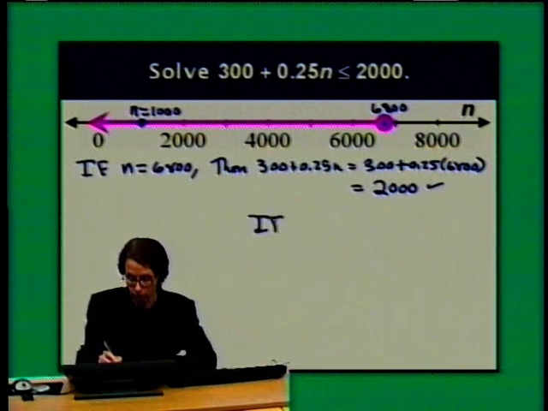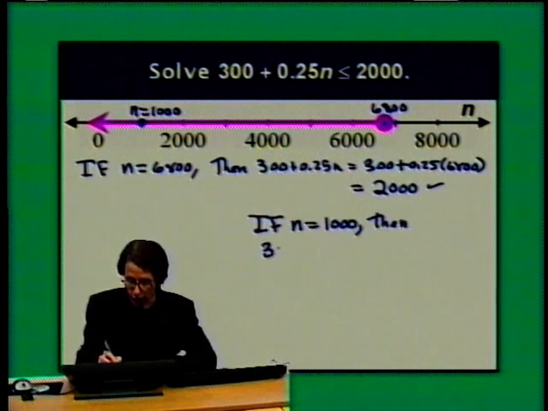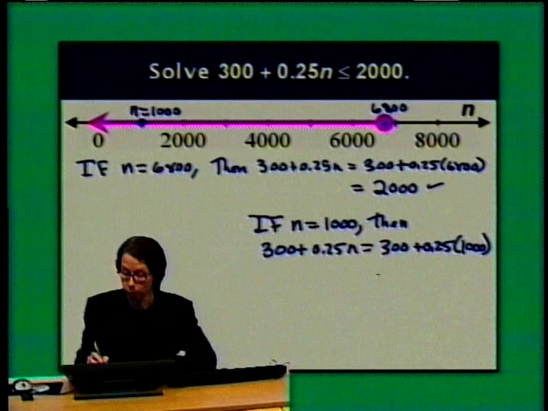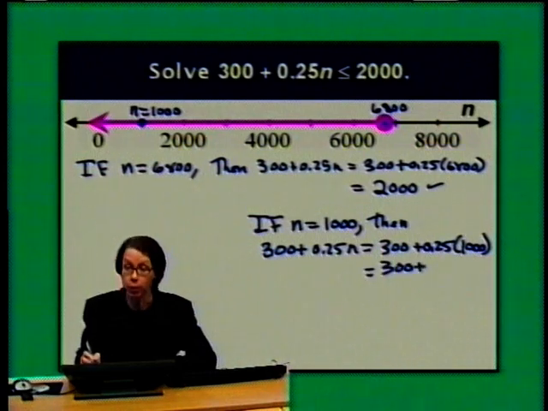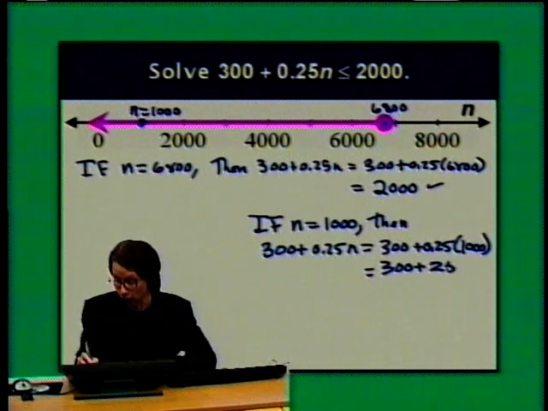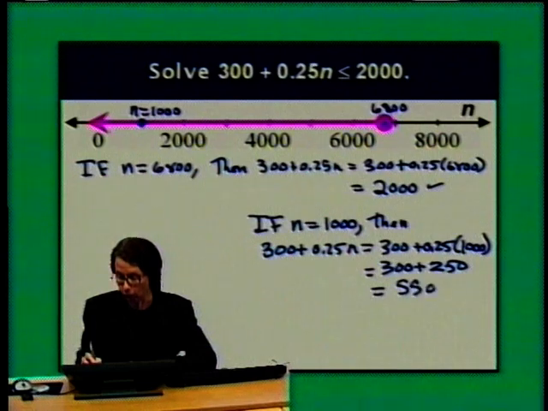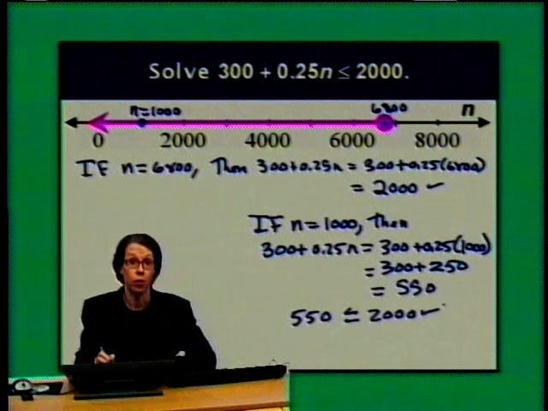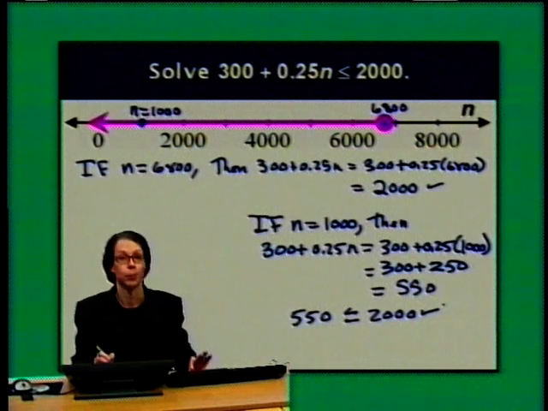So if n equals 1,000, then my total cost expression becomes 300 plus 0.25 times 1,000, and multiplying 0.25 by 1,000 just moves the decimal point 3 places to the right, so that's 250. So my total cost will be $550. And $550 is less than or equal to 2,000, so everything's okay in the interior of the solution set.